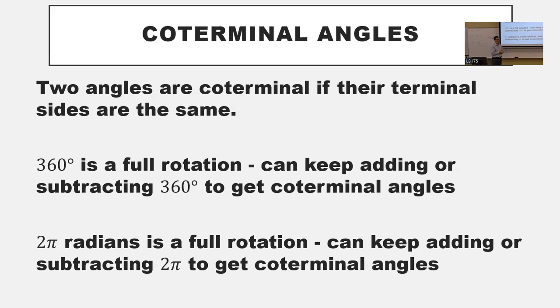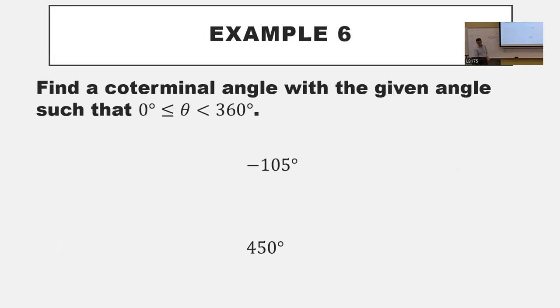And if you ever get an angle which is not between 0 and 360, but you want the angle between 0 and 360, you just have to add or subtract 360 degrees over and over and over until we get the right coterminal angle.